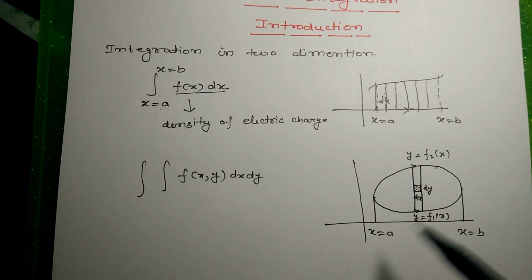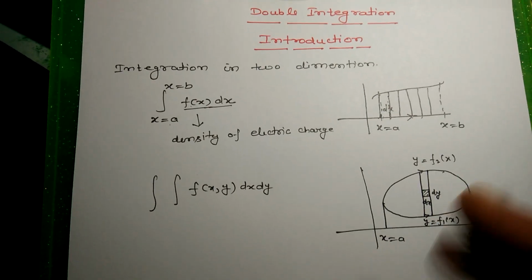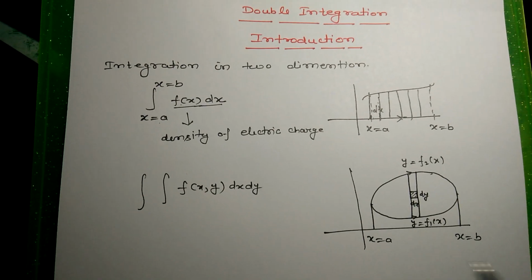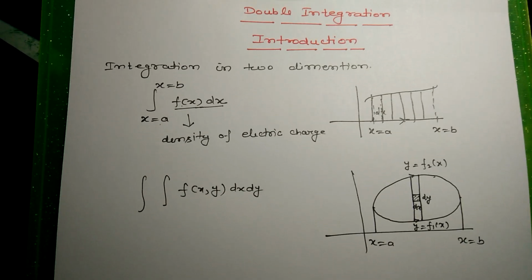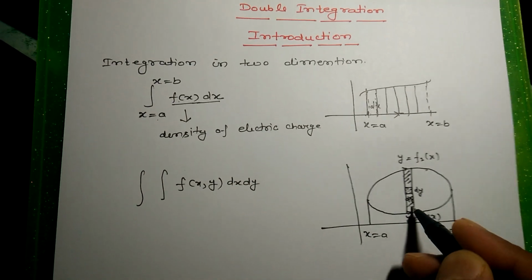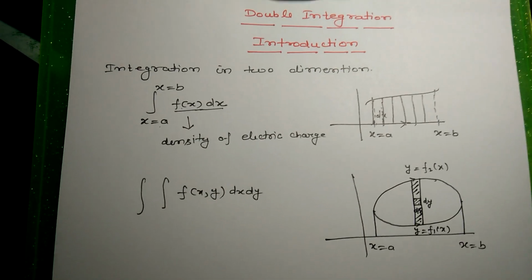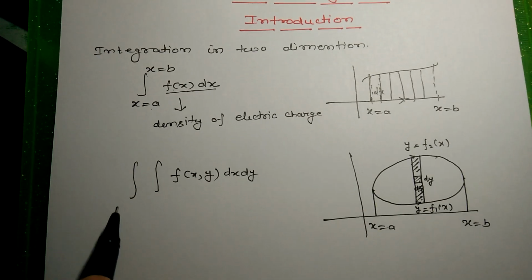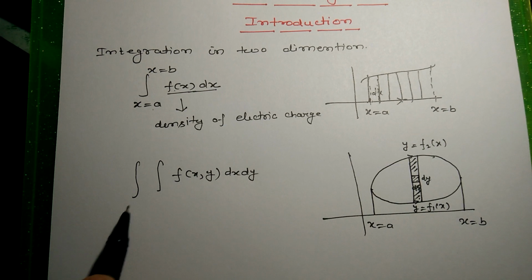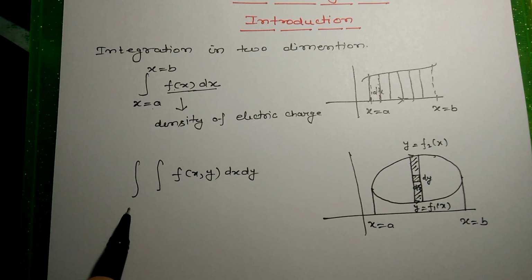I'm first showing you how to go about it with the help of the vertical strip, then we can go with the horizontal strip. So I've taken a vertical strip. I'll be doing my first integration on this vertical strip. In a double integration, this is the first integration and this is the second integration. This will be performed first, this will be performed second.